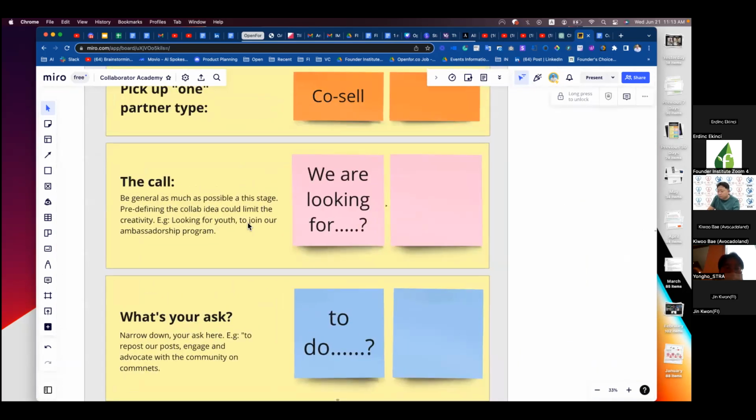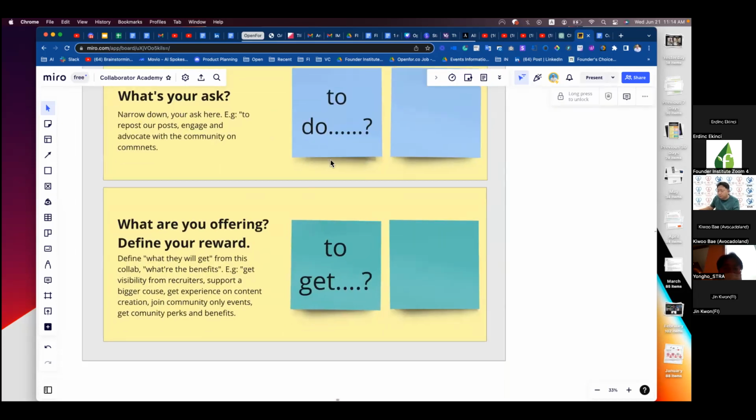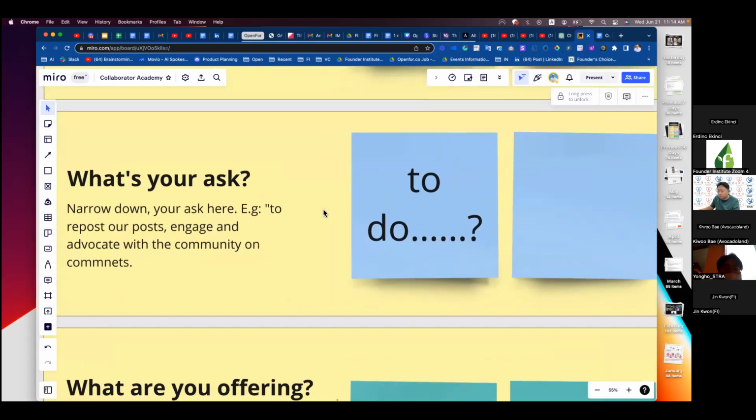The call is what you are looking for, which is the name of these gatekeepers. Let's say consultants who are working in healthcare, who help create health and wellness departments for employees in bigger corporations in Japan, maybe. And to do what? To introduce actively and join our industry report about employee health.